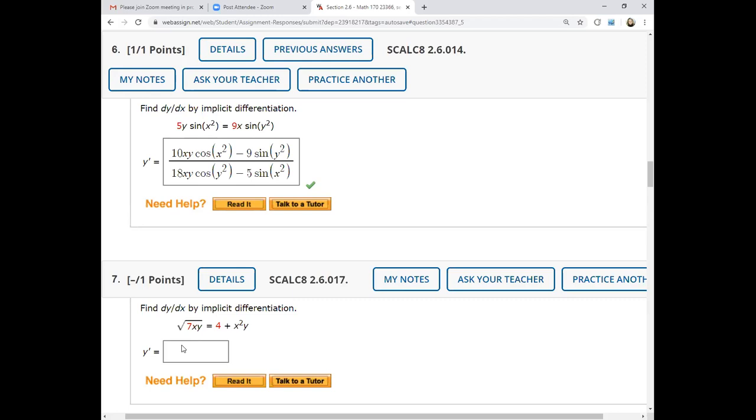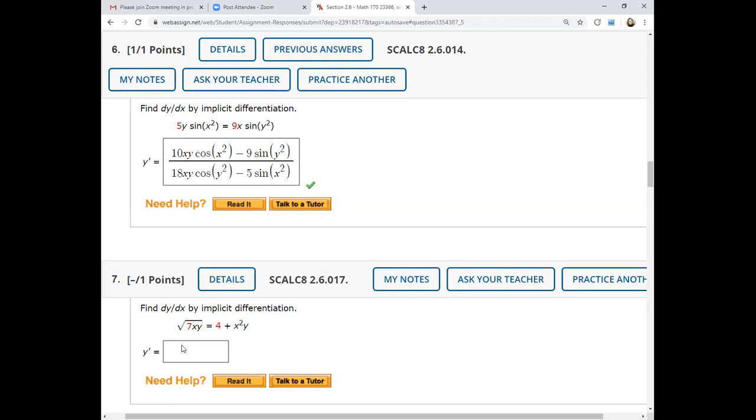So I have 7y over 2 root of 7xy plus... actually they're both under. I'm trying to see the best way to manipulate that algebraically, because I have to separate the dy dx's out.